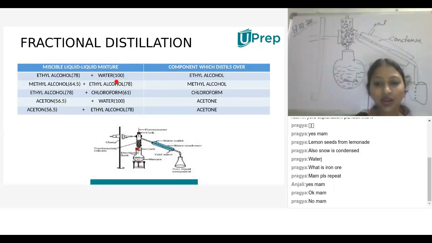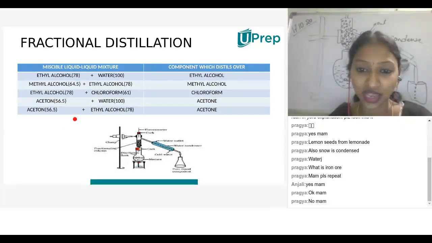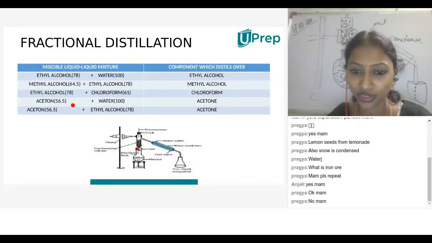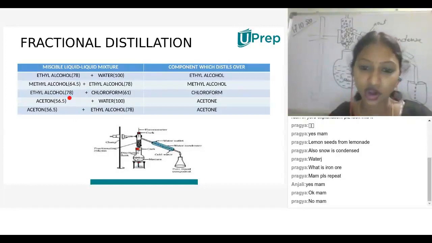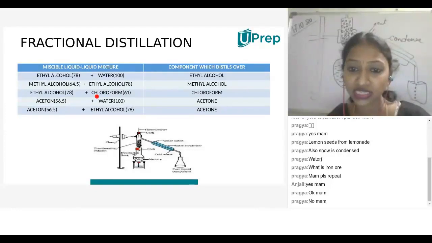This is not a measurement either. It's a boiling point, 78 degrees Celsius. Oh, ma'am, I thought that was the amount. No, sorry, it's my mistake. I did not mention the units. For example, here, ethyl alcohol is 78 degrees Celsius and chloroform is 61 degrees Celsius. If we take these two samples in simple distillation, we can't separate them accurately, because there is not much difference in the temperature.